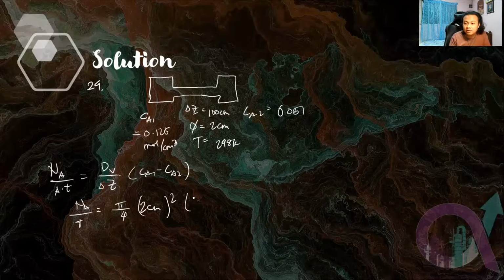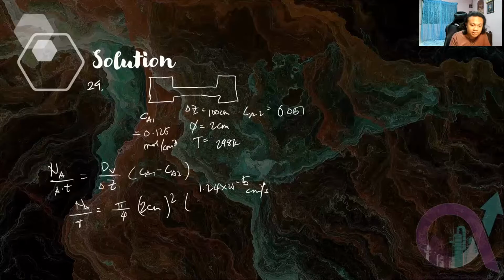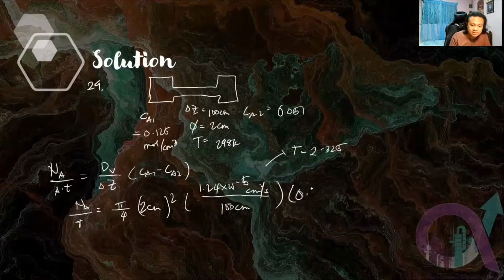The diffusivity, I got this from Perry's. It's 1.24 times 10 to the negative 5 cm squared per s. You can find this in Table 2-325. Then 100 cm, and then 0.125 minus 0.051.